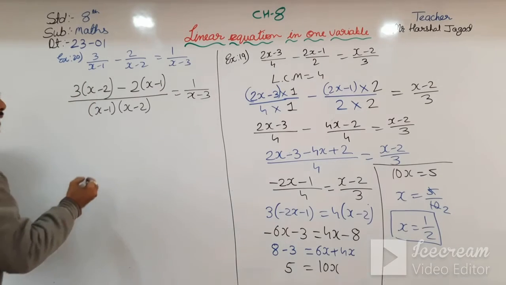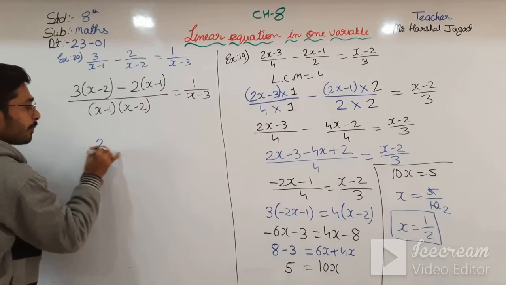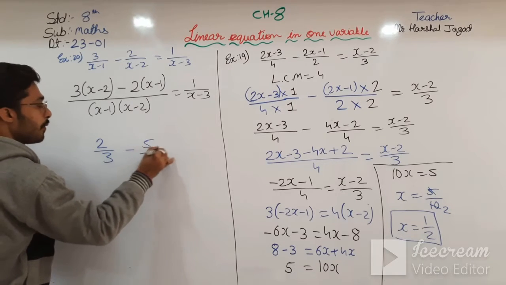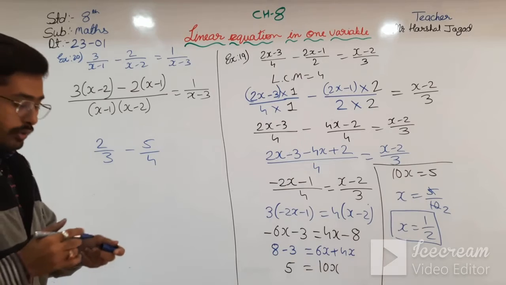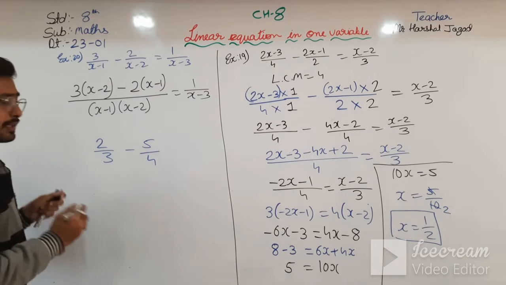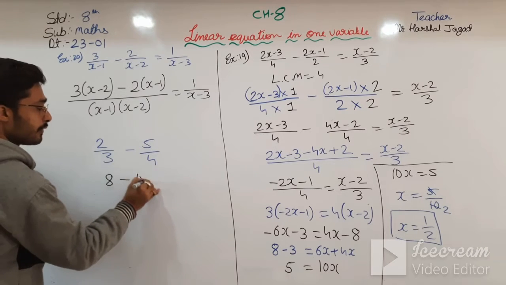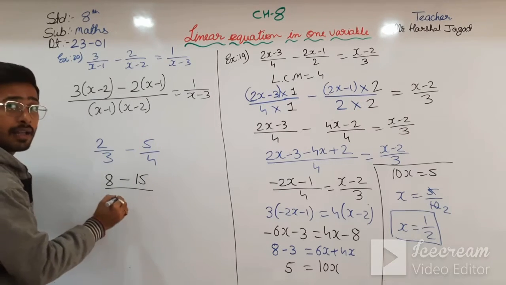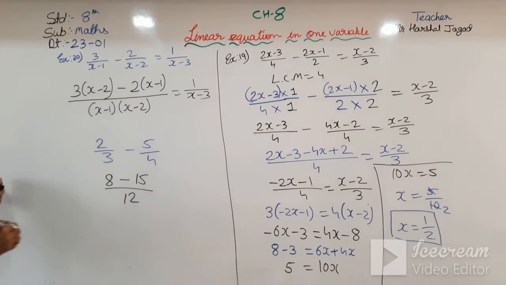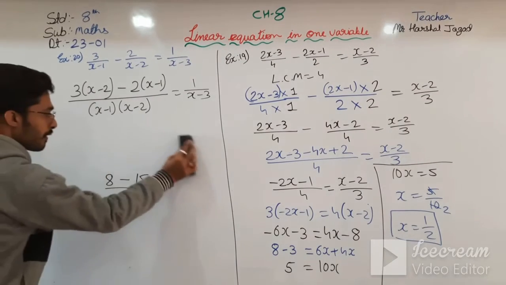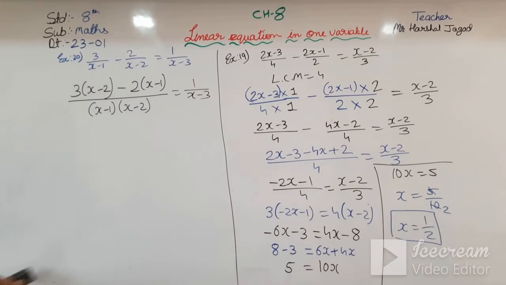See here, if I give 2 upon 3 minus 5 upon 4, when it is given to you, then what we do, another method, that is 4 2s are 8 minus 5 3s are 15 upon 4 3s are 12. So we have to do like that, and I have done this.